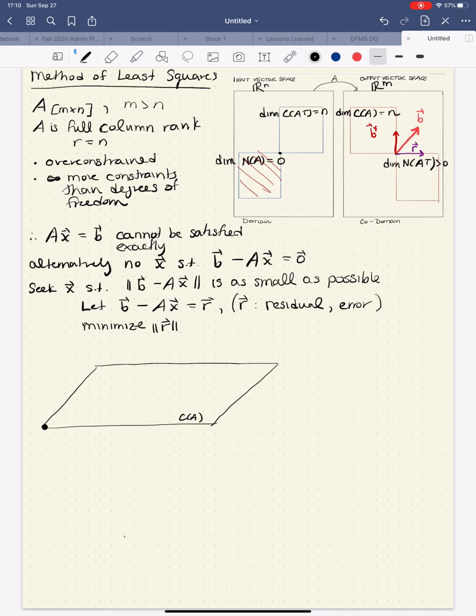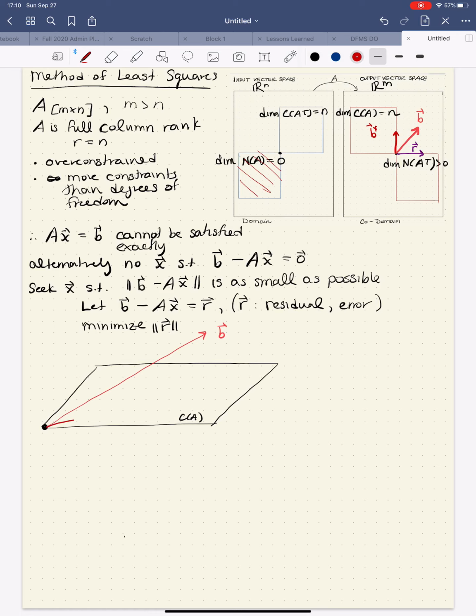So let's just say that the column space of A looks like this plane, and my vector b does not live in the plane. It is some vector b that is, if you want to think of it, hovering over the plane. Well, how do I find a vector in the column space of A that is as close as possible, or the magnitude of r is as small as possible? Well, if you're thinking about projections, you're right.